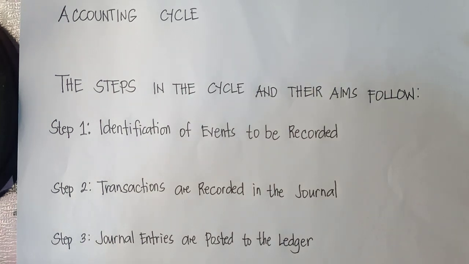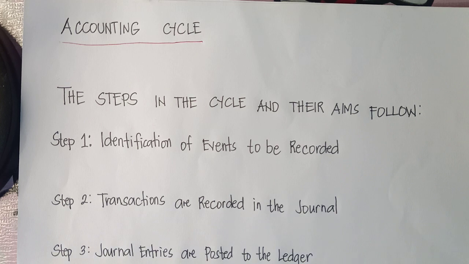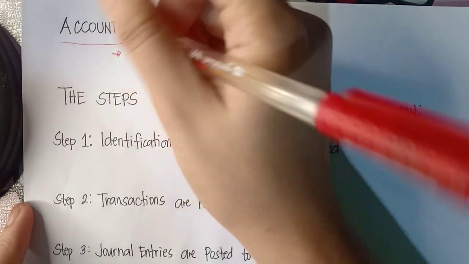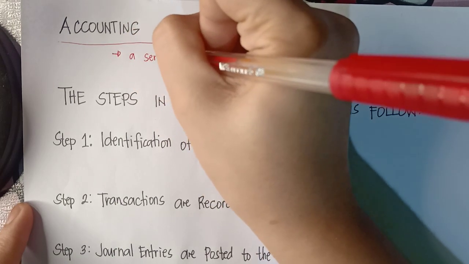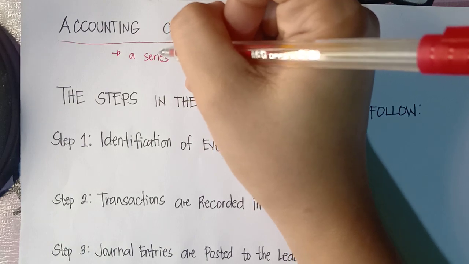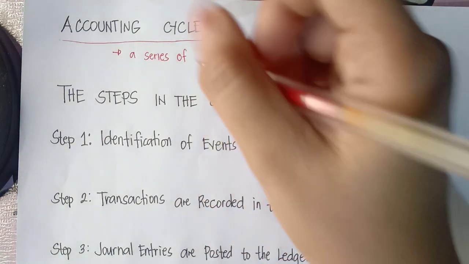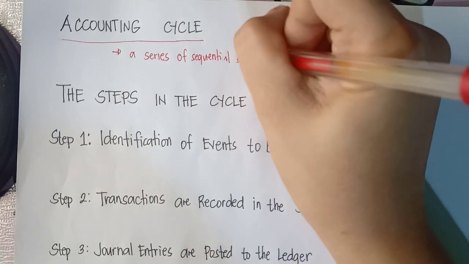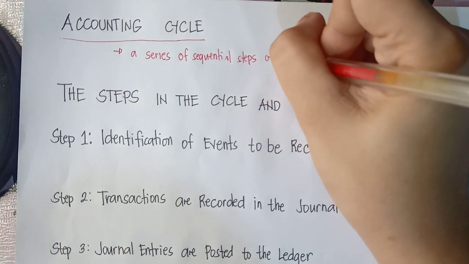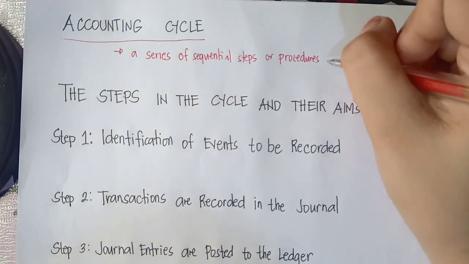So now, our discussion is all about what? It's all about the accounting cycle. So when we say accounting cycle, it refers to what? It refers to a series of sequential steps or procedures performed to accomplish the accounting process.